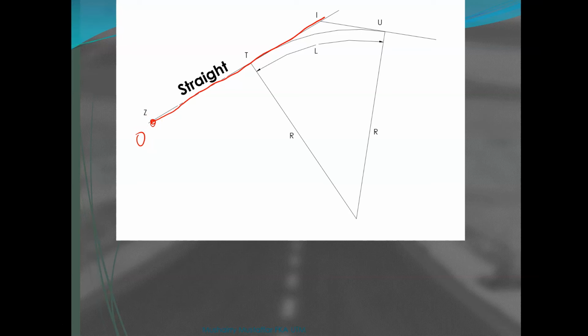T and U are what we call the tangent points. On the straight, that's where the curve starts at T, and the curve will end at U. Those points T and U are called tangent points.